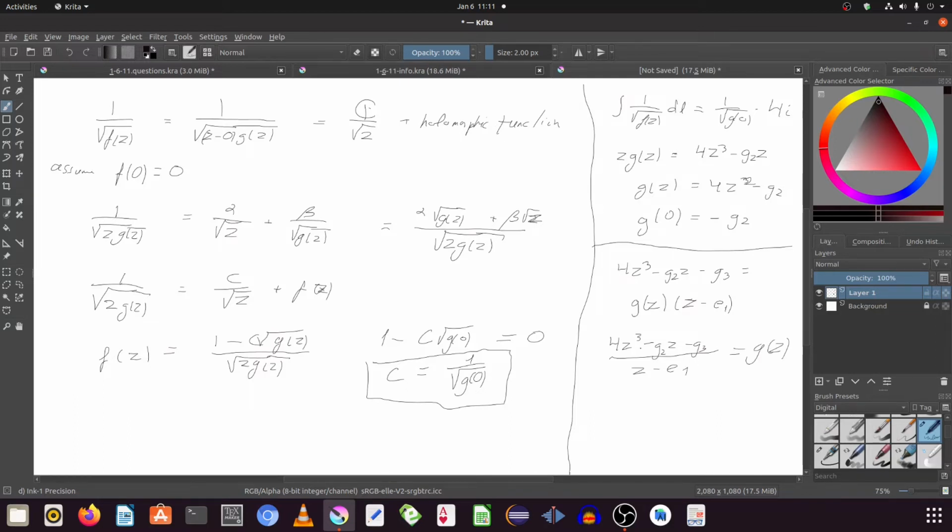And then let z tend to E1, which is, that's the derivative at E1. Very, very confused.